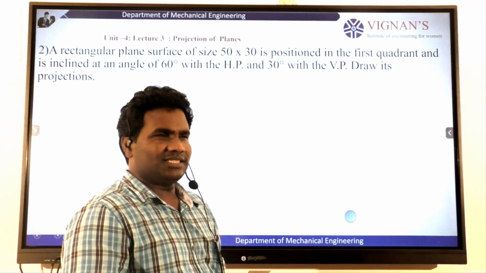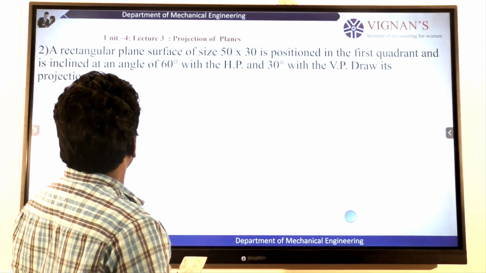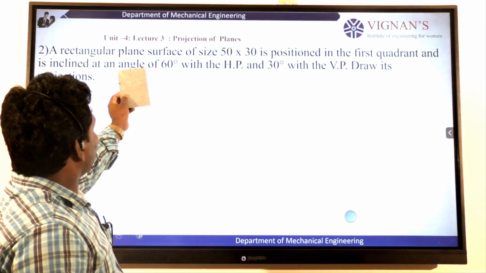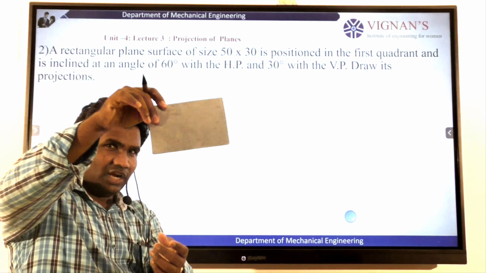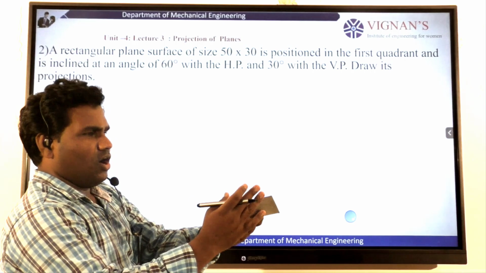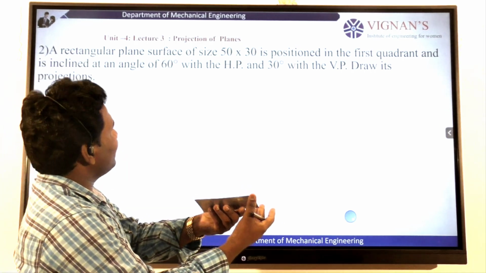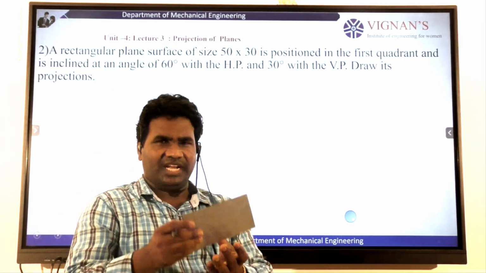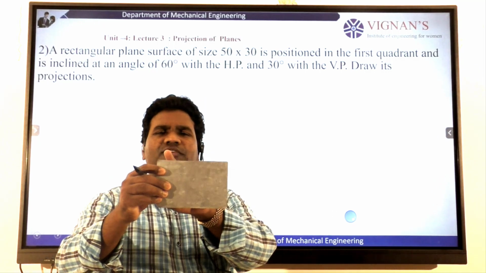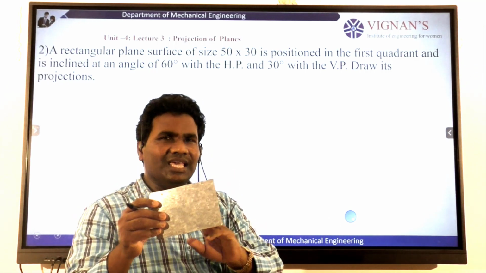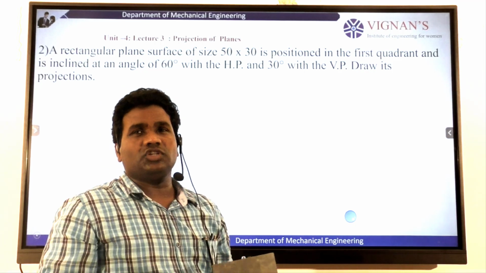Now let us see a rectangular plane surface of 50 mm by 30 mm in the first quadrant.